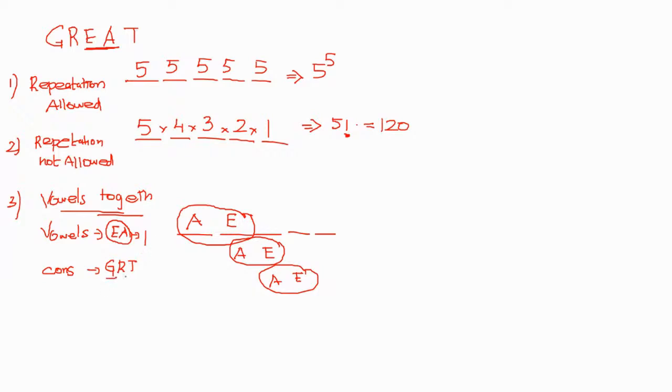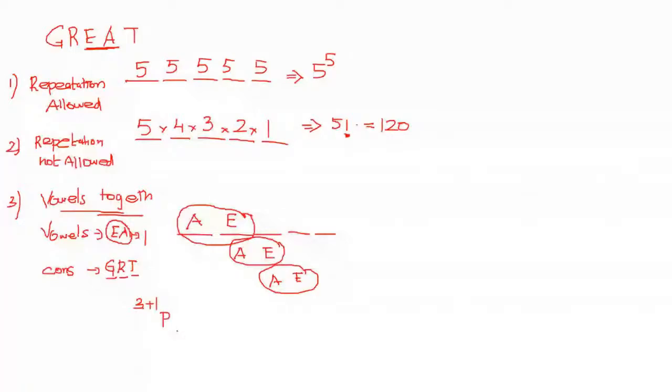And if I place the three consonants G, R, and T separately, there won't be any issues. So I take 3 plus 1 alphabets. And since we are going for arrangements, we'll be using permutation.